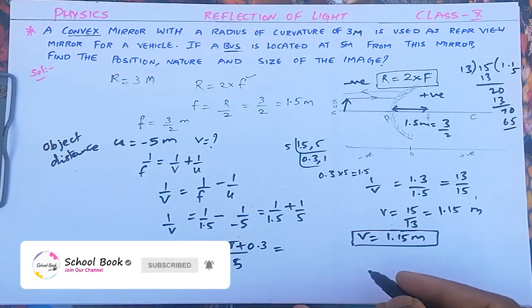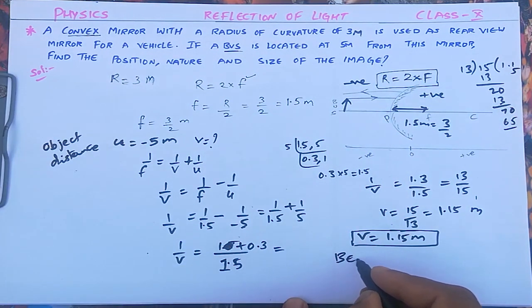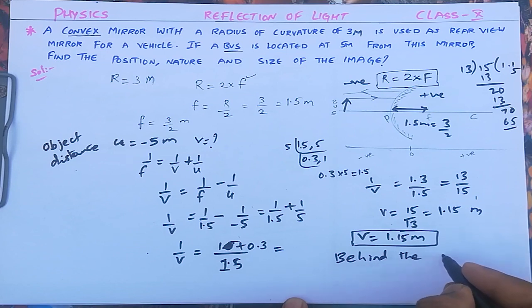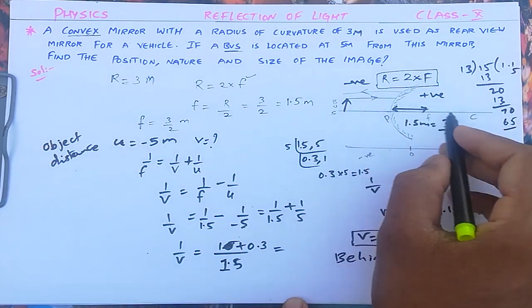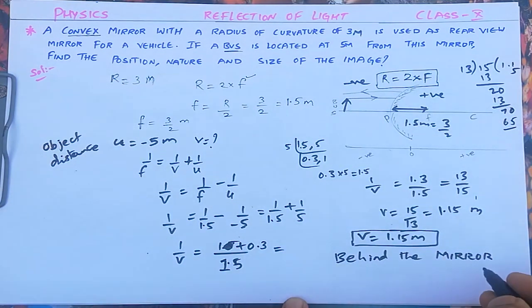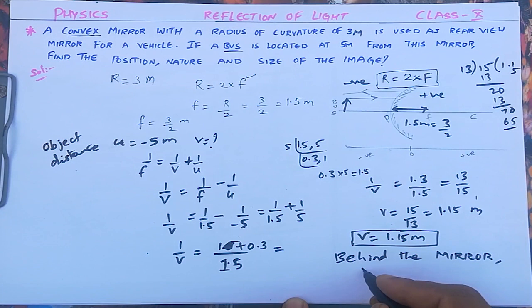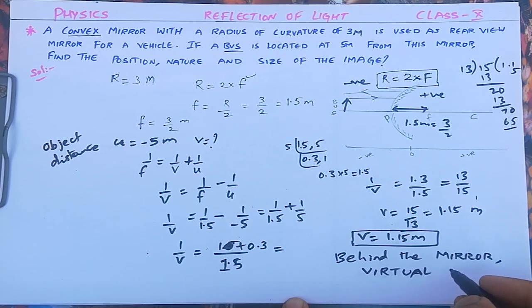Behind the mirror we get the image, and if you observe, the image formed is behind the mirror, that is called virtual. We know that when the image appears behind the mirror, that is virtual, and this is erect.